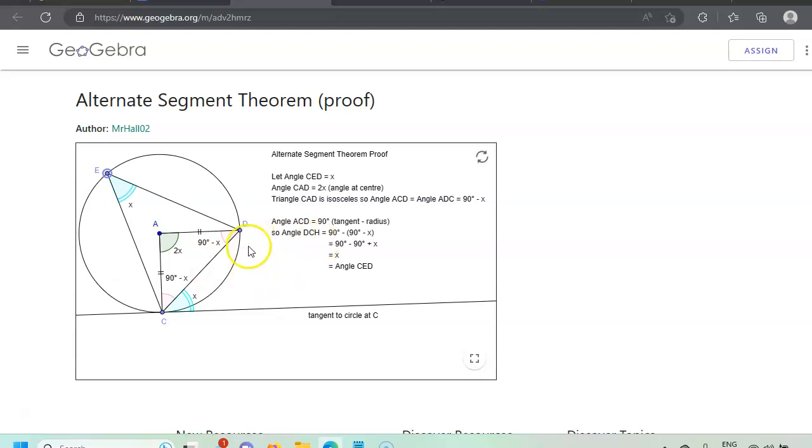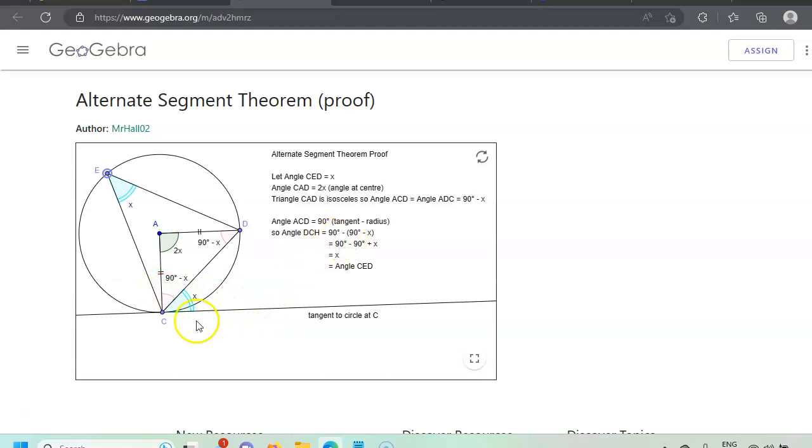Look at here. So the angle formed between the chord and the tangent line is called DCH. So angle DCH, the blue-green here, is equal to 90 because the radius and the tangent line are always perpendicular.